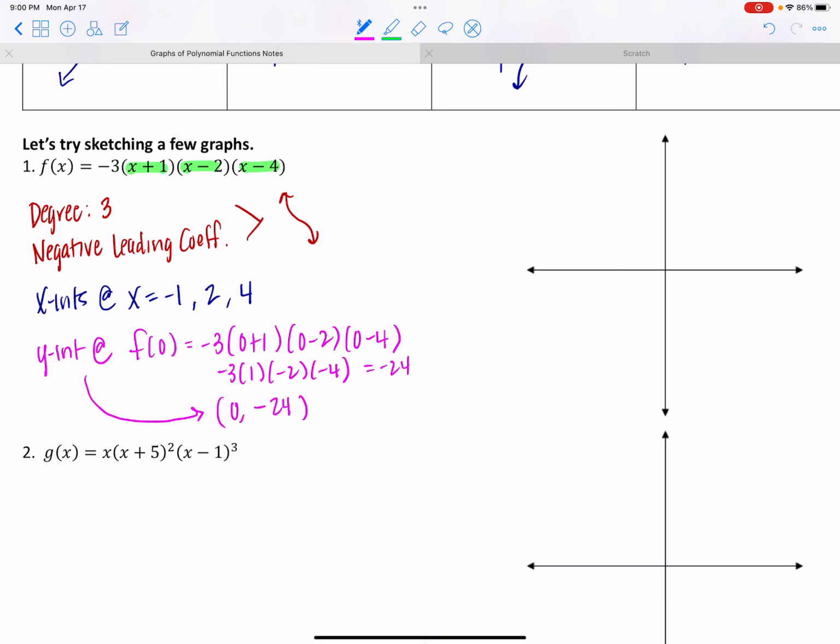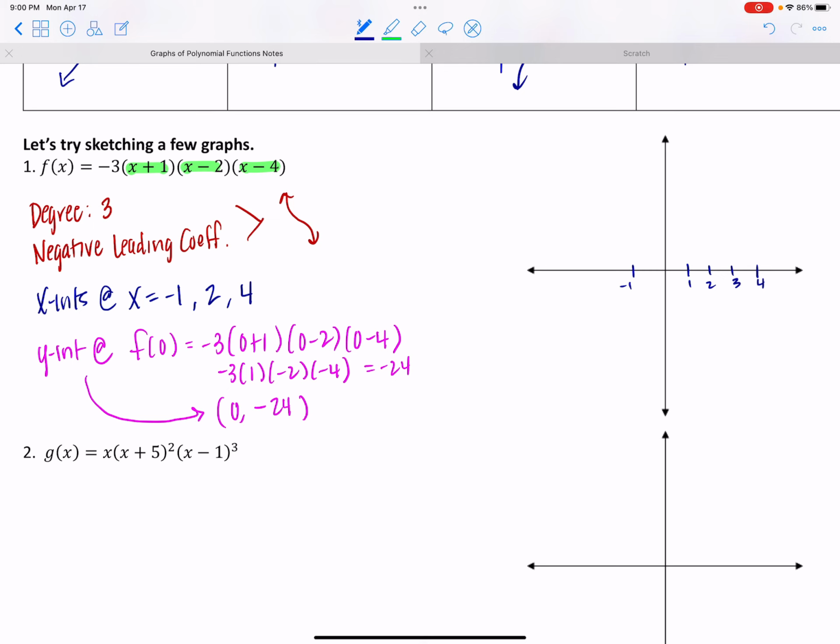Okay, so degree of 3, negative leading coefficient, maximum of 2 turning points, and let's try to sketch. So I'm going to start by graphing the x-intercepts. So let's see. Let's go -1 and then 1, 2, 3, 4. And then on the y-axis, I've got to get down to -24.